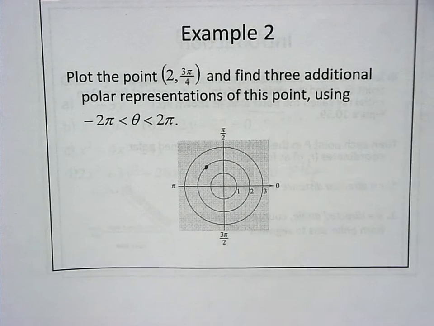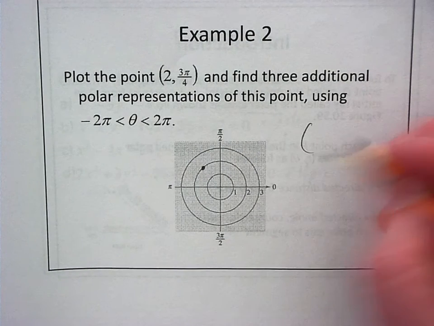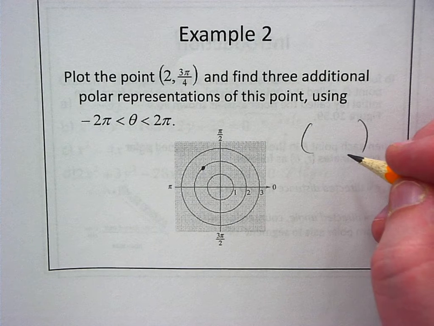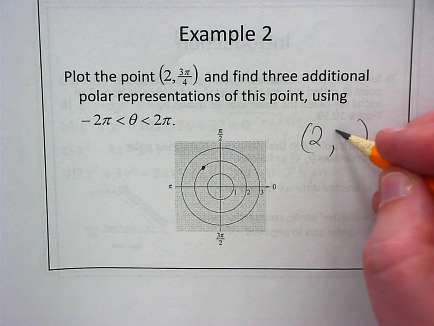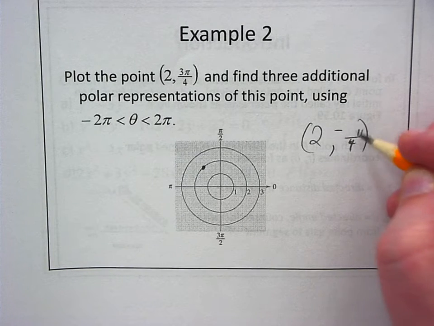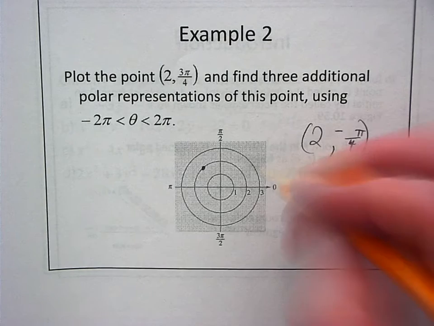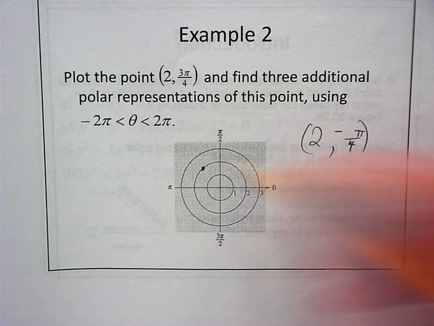It's 2 out, so right in the middle of that quadrant. Now, how else could I describe this? Keep the 2 and then negative something pi over 4. What would that be? Negative 5 pi? So 1 pi, 3 pi, 5 pi over 4.